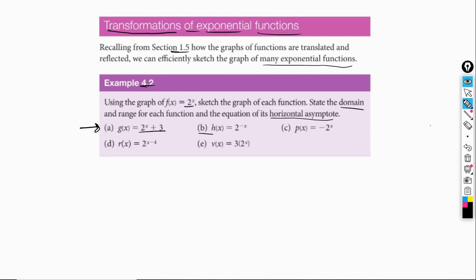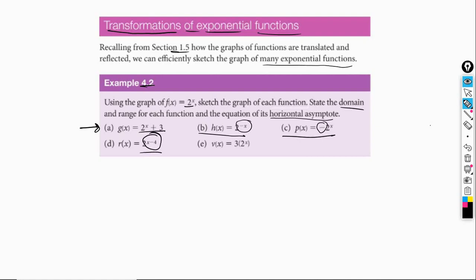For letter B, this is going to be a reflection across the y-axis. For letter C, we're going to have a reflection across the x-axis. For letter D, we're going to have a horizontal translation of 4 units to the right.